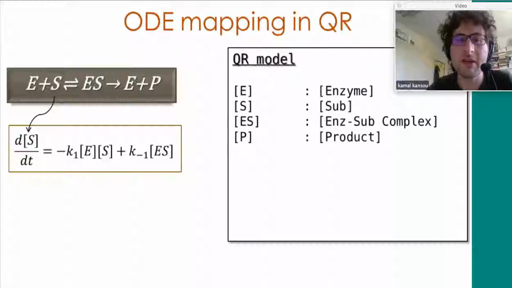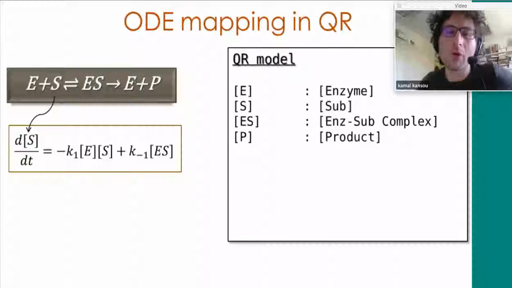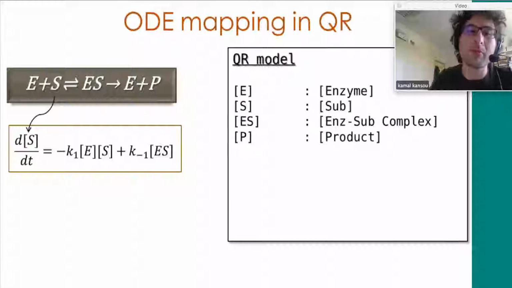So in this slide, I present how a QR model can map an ordinary differential equation or a chemical reaction, or an enzymatic reaction. This is a classical example of an enzymatic reaction with E for enzyme, S for substrate, and P for product.